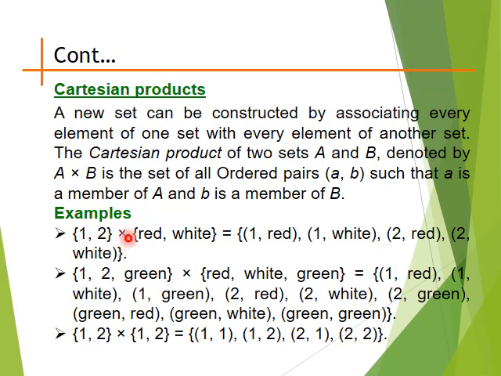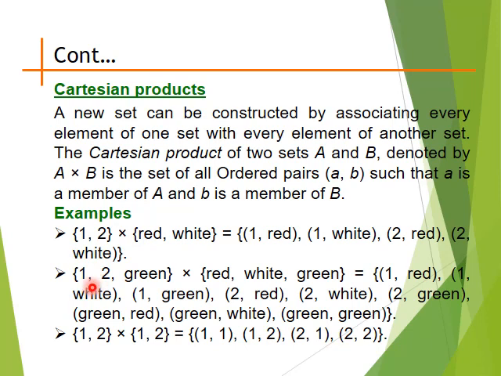So if we are going to take some Cartesian product between these two sets 1, 2 and red white, that will be 1 comma red, 1 comma white, 2 comma red and 2 comma white, right?